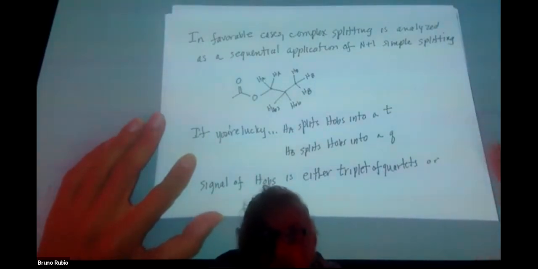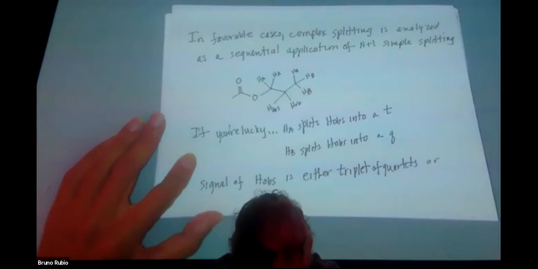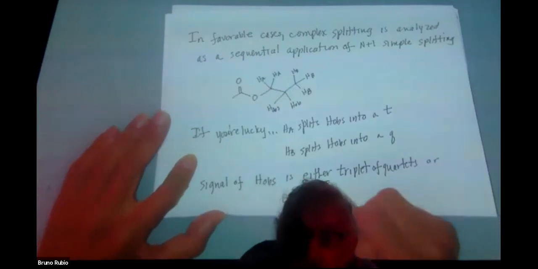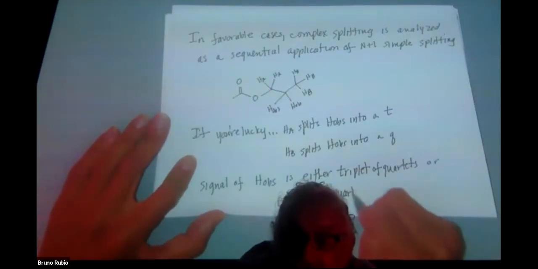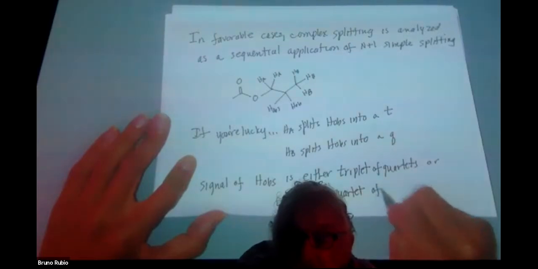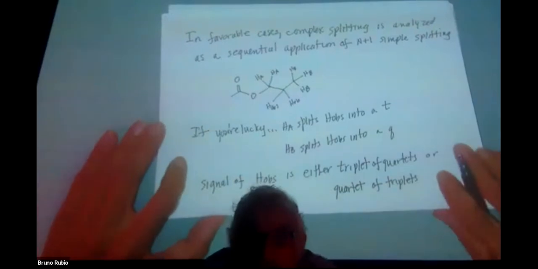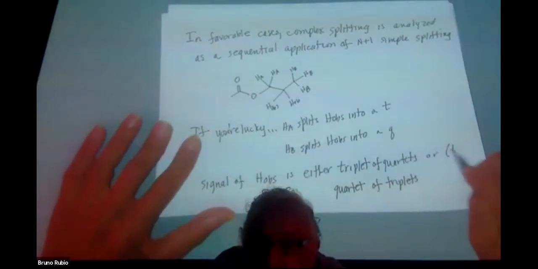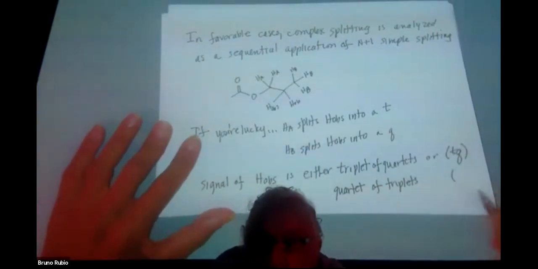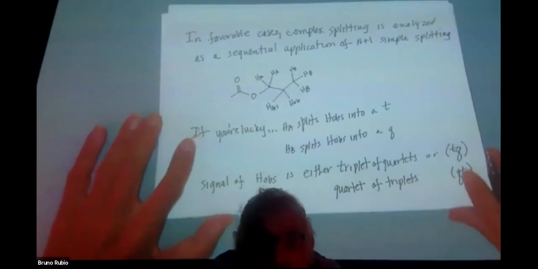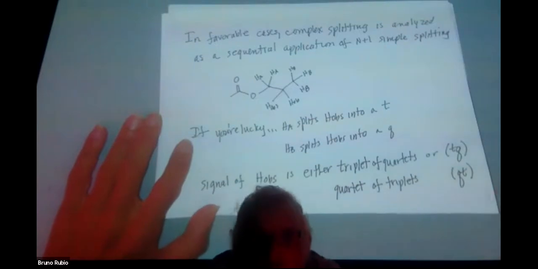I'm going to get a triplet of quartets or a quartet of triplets, right? A triplet of quartets is abbreviated TQ. A quartet of triplets is abbreviated QT. And which it is, we're going to talk about that.